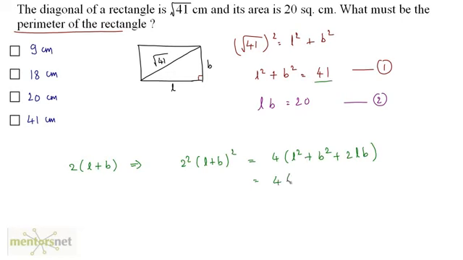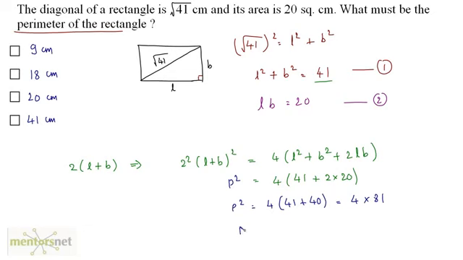So we have 4 times 41 plus we can get LB from equation 2. That's twice times 20. Okay, and on the left hand side we have basically P square. So again P square is equals to 4 times 41 plus 2 times 20 is 40, right? So this is 4 times 41 plus 40 is 81.